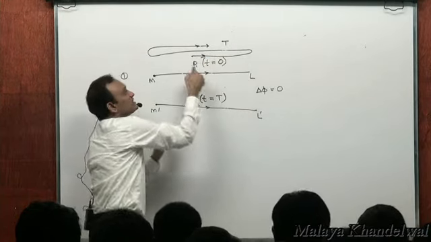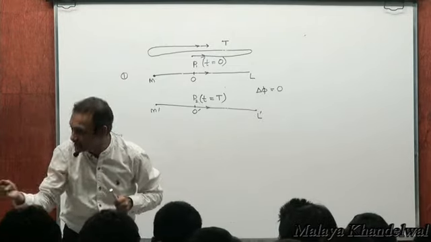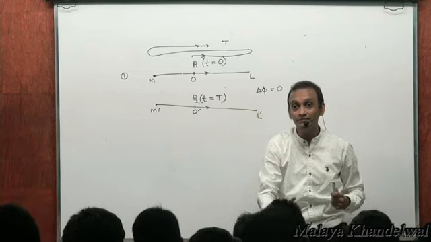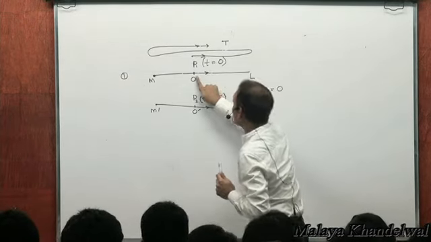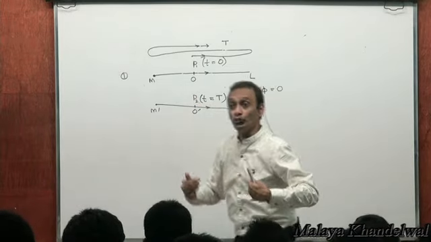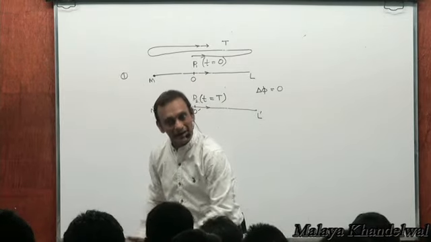In capital T seconds, this is what P1 would have done. It would have executed a full cycle. That's what P1 would have done, right? Now, until then, P2 was non-existent. At time t equal to capital T, the motion of P2 commenced. Right?